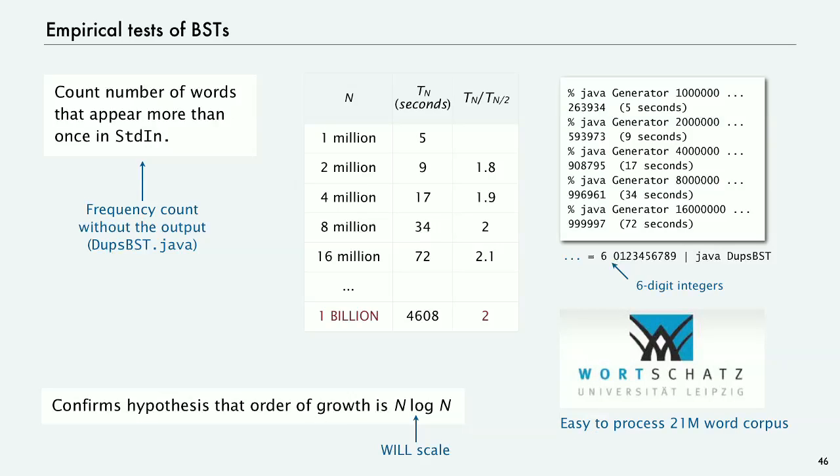So pretty easy to do that 21 million word corpus, and easy to do even a billion things off the net. And again, without this kind of algorithm, it's not possible to address this problem.